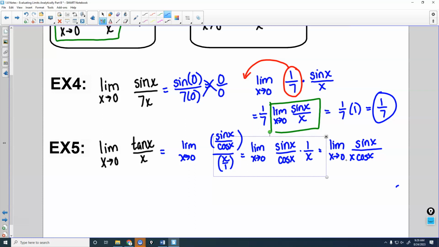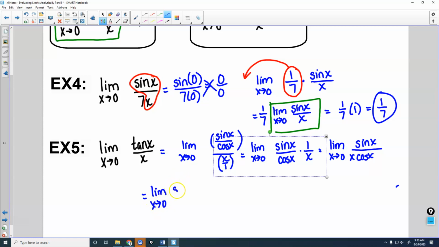Now, that's still not a special limit, right? But let's think kind of like we were thinking on the last problem where I had that 7 that was kind of in my way. So like right here. So what we can do on this is we can write it this way. Limit as x approaches 0.